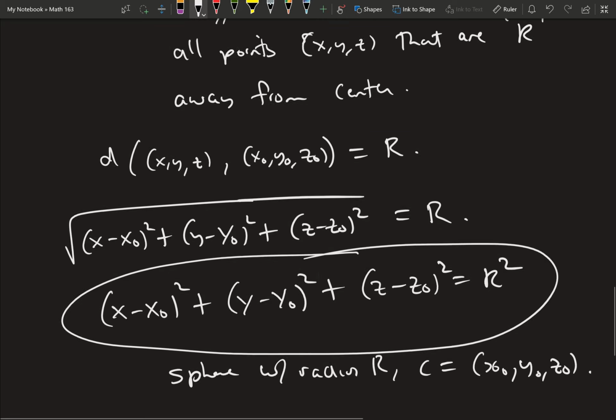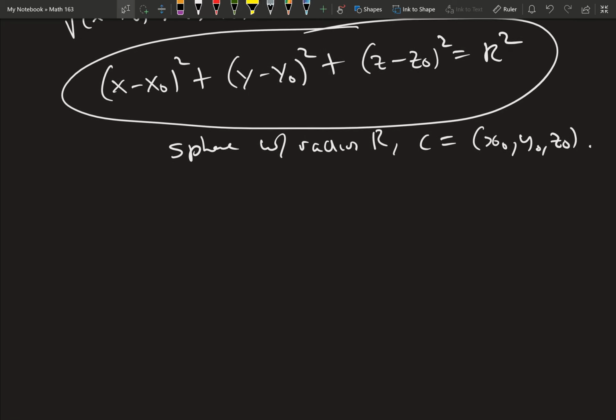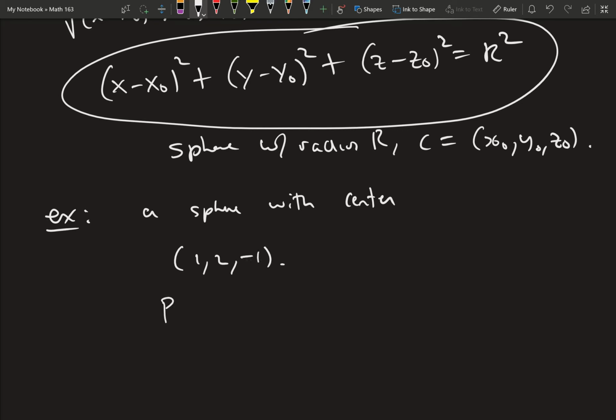Okay, so let's just do one example here, and I'll maybe leave you guys with an exercise or two. Say we have a sphere with center 1, 2, -1, and let's say we have just 1 point on the sphere, 5, 6, 0.